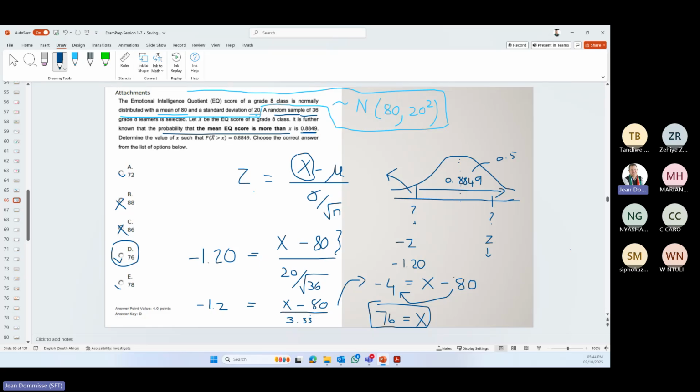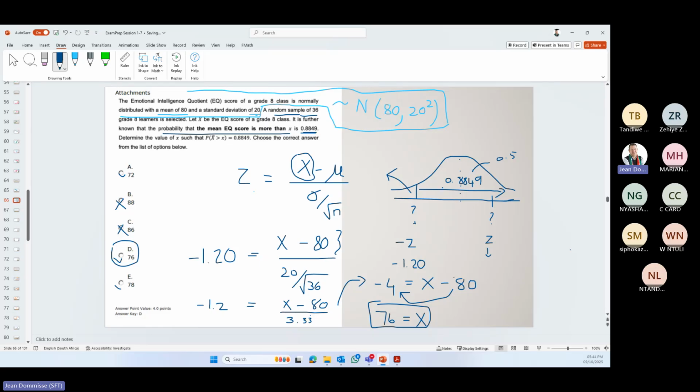So this one, they've given us the probability. From the probability that they've given us, we work out a z, then we replace the z in the formula so that we can work out the x.